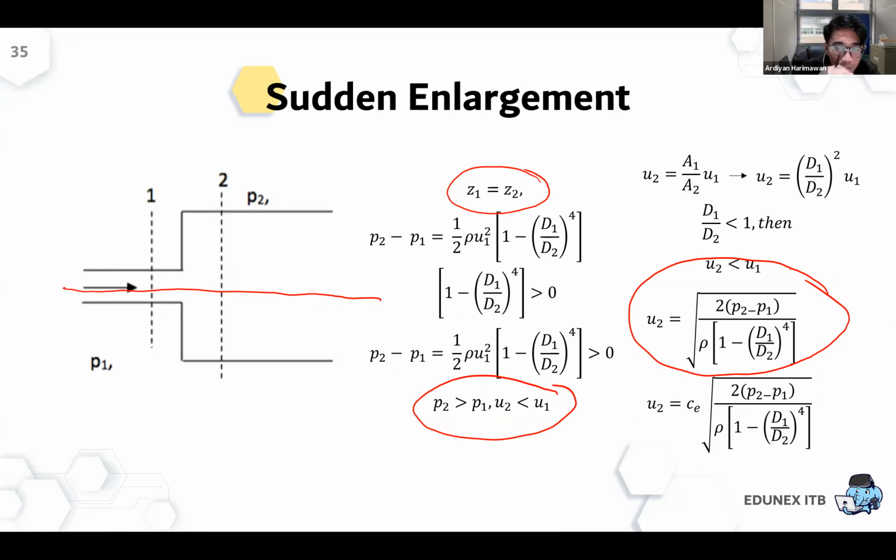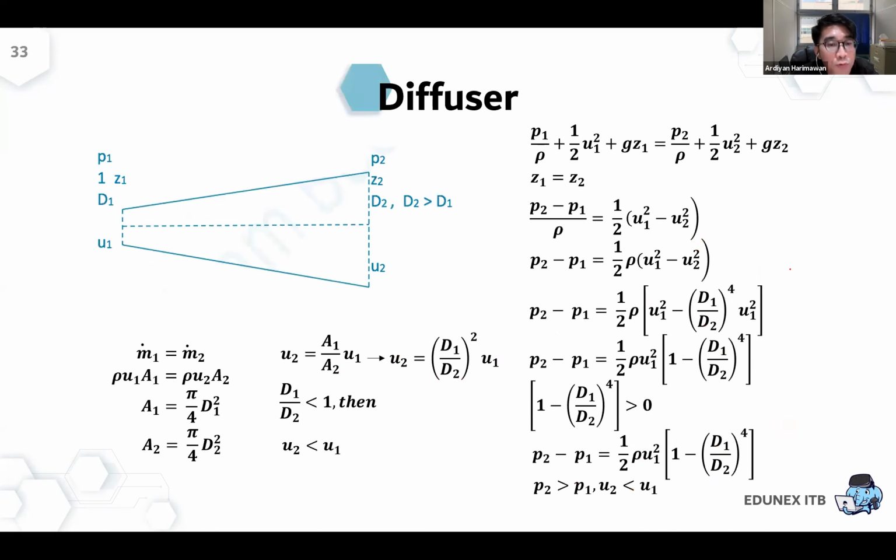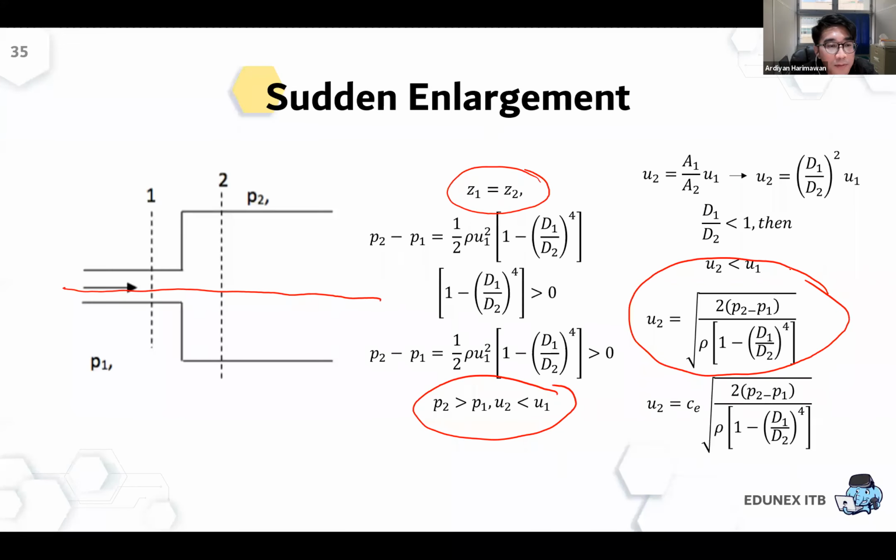Now I want you to guess again. In terms of energy loss, which one is higher, sudden enlargement or diffuser?